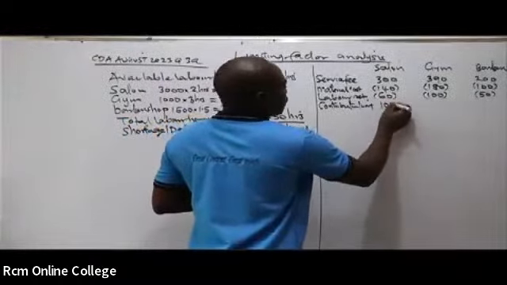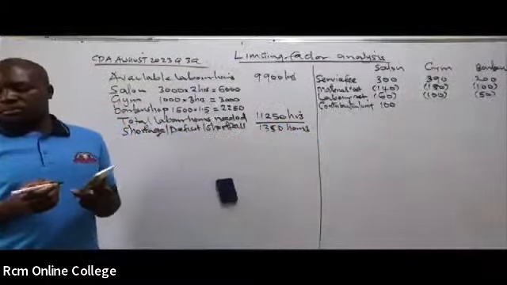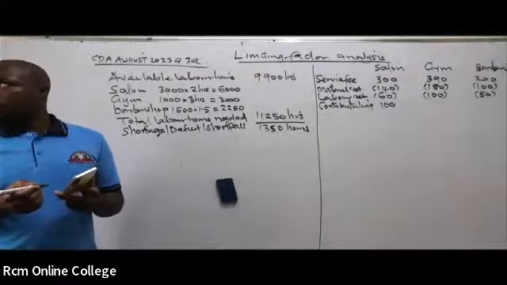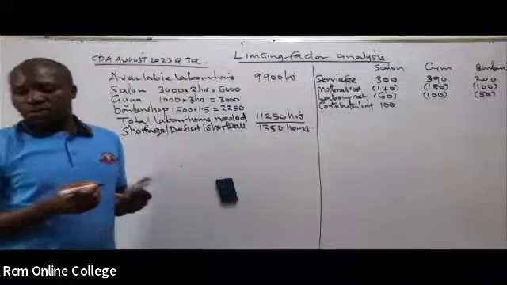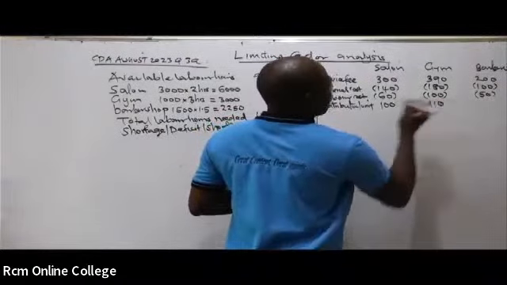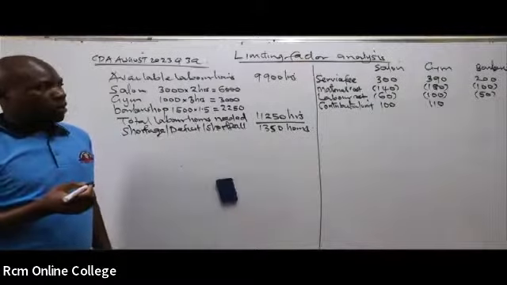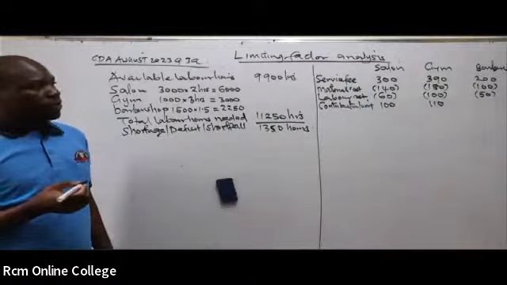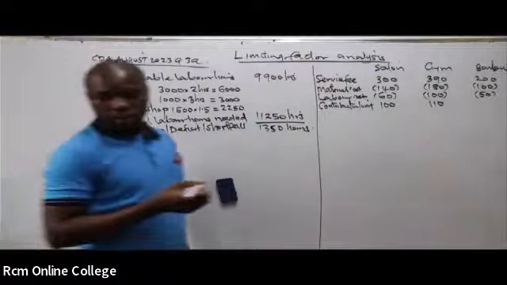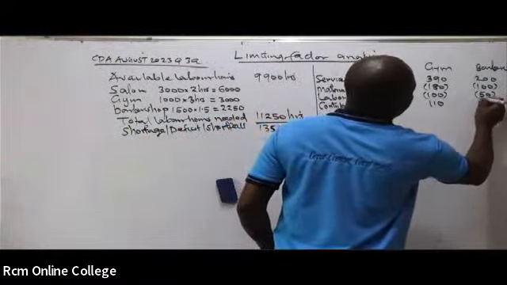It is 100 shillings, right? 100 shillings. Gym. What do we have for the gym? 110. Okay. Barbershop. 50. Right? Good. Barbershop will be having 50.